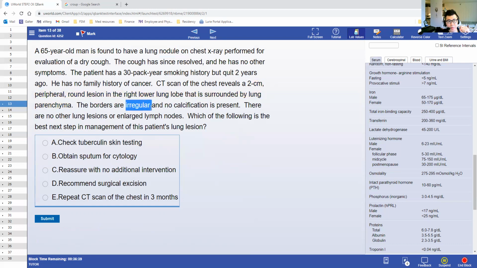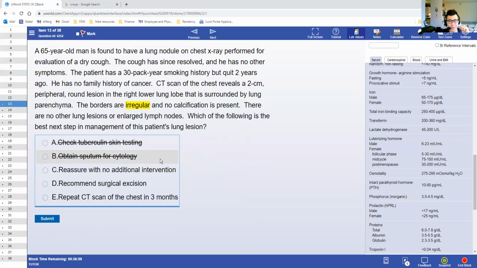Borders are irregular, although there are no calcifications. The lack of calcifications is reassuring. No other lung lesions or large lymph nodes. All right, so I don't think it's tuberculosis. And he doesn't really have a history for that. He'd be febrile, and there'd be more findings.